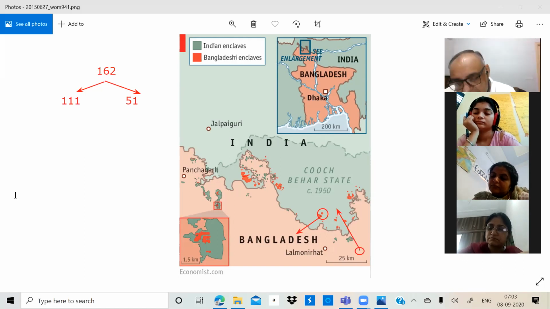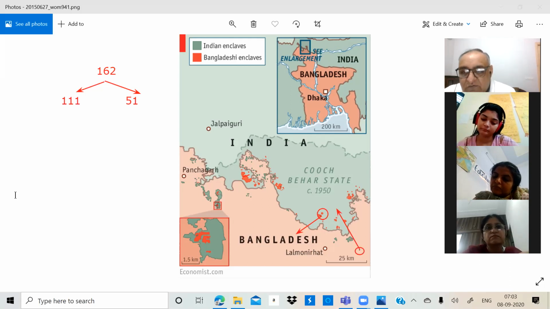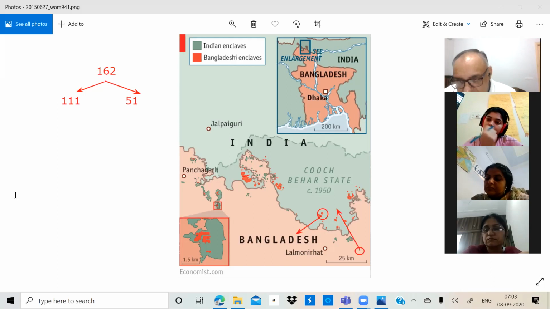And then what happened when the new Modi government came in the center, this move was expedited, and the agreement was ratified by the parliament of the country.